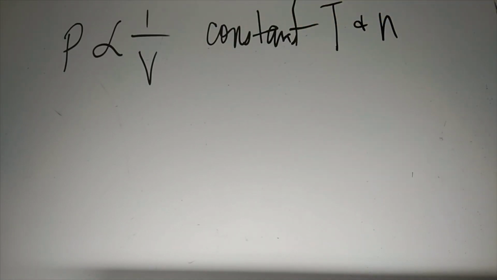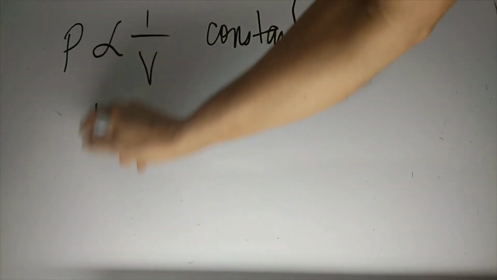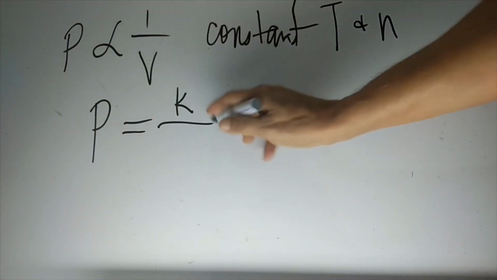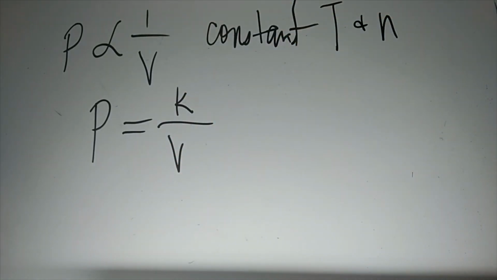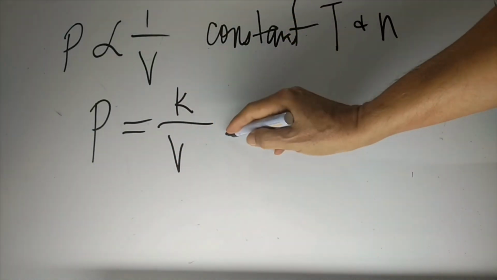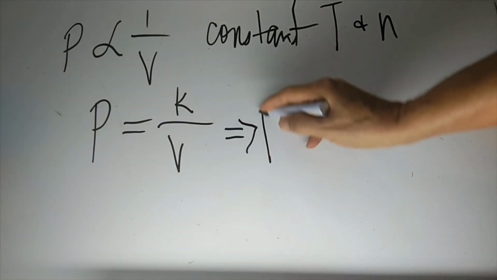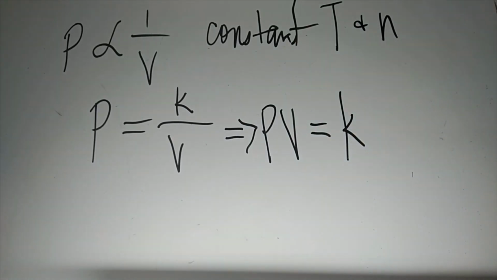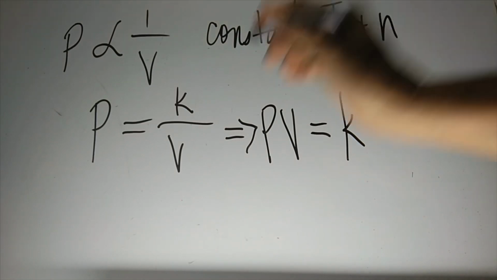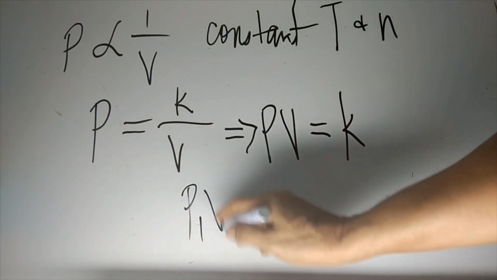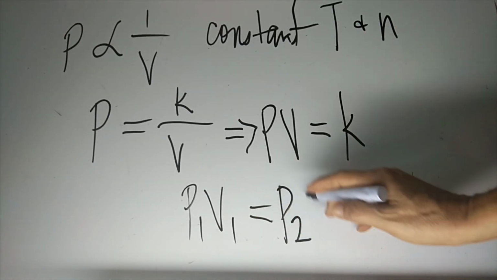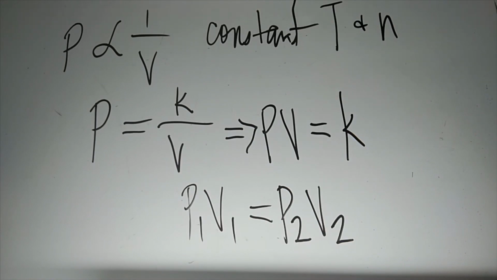Expressing this mathematically, this becomes pressure is equal to a constant over volume. Simplifying, this becomes pressure times volume is a constant, or Boyle's law therefore can be expressed as P1 V1 is equal to P2 V2.